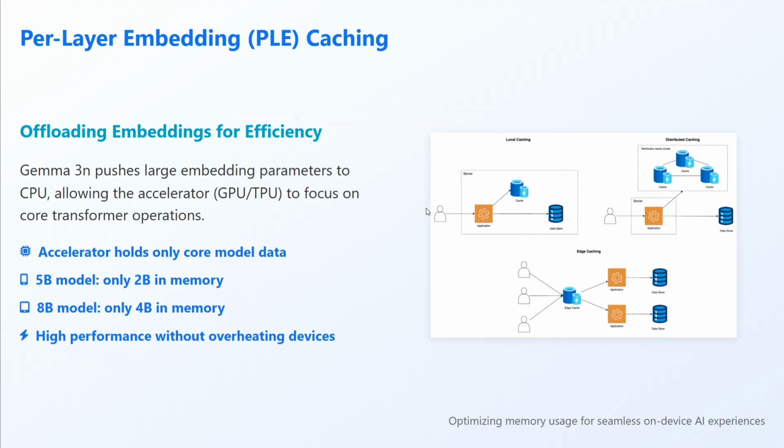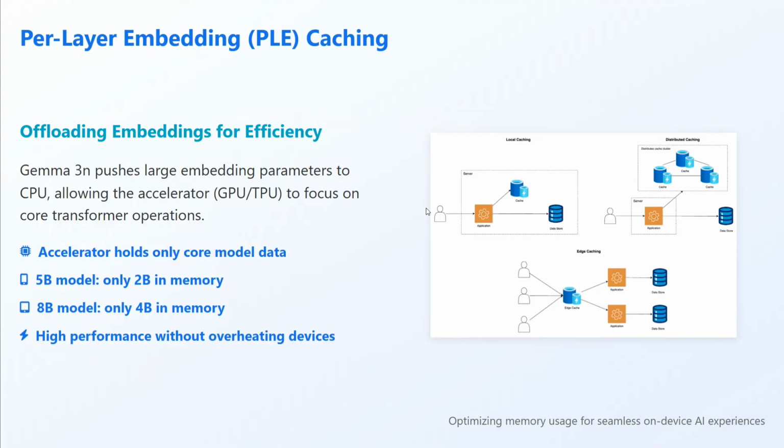So per layer embedding caching, offloading embeddings for efficiency. Once you load any model, what happens at times, it uses just the GPU. Hence the entire model has to be loaded in the GPU, but not in case of Gemma 3N. Except the core of the transformer, it can shift most of the memory to CPU also.